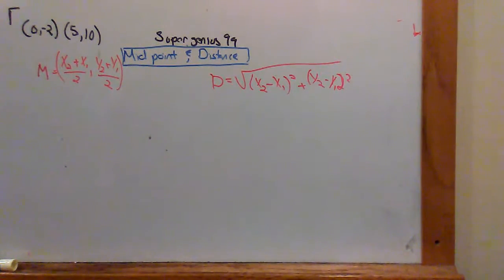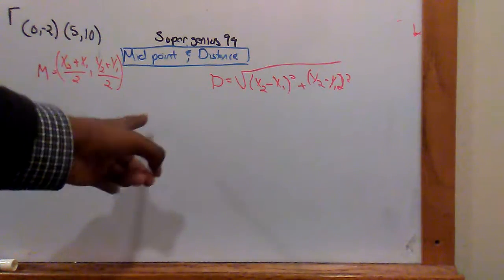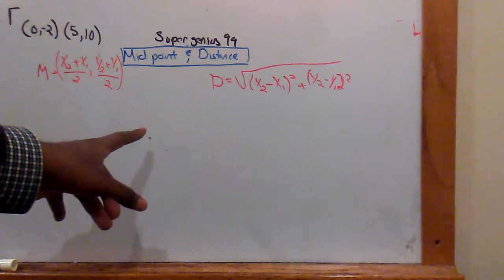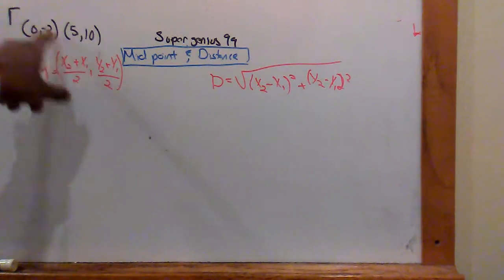So it's the average of the x's, comma, the average of the y's. Which makes sense, right? Because if you're standing at two points anywhere on a map, what would be the midpoint between your house and your friend's house? It'd be somewhere in the middle, right? Divided by 2.